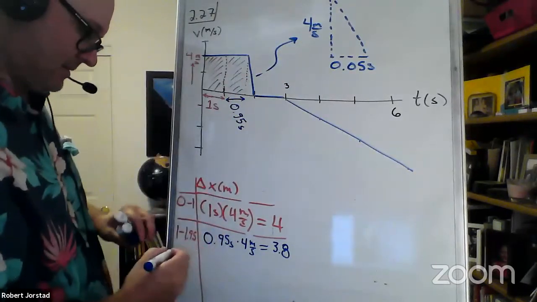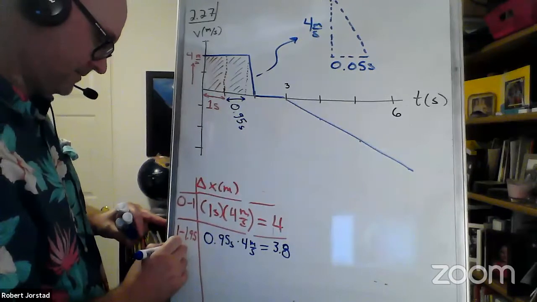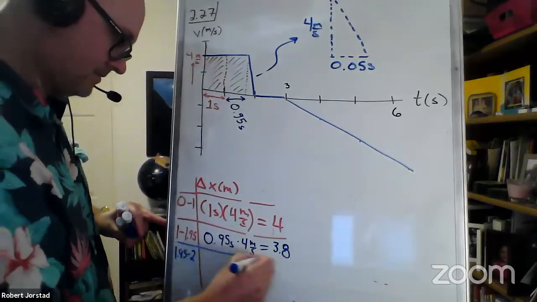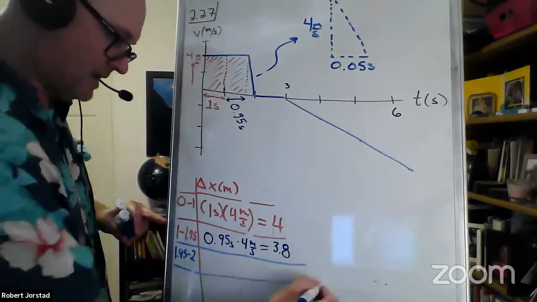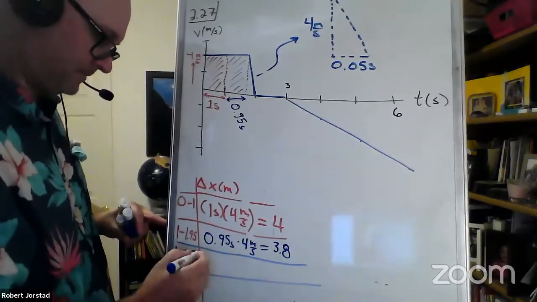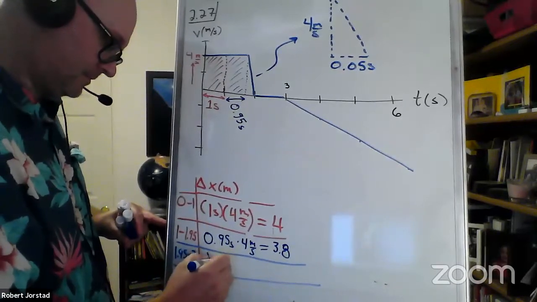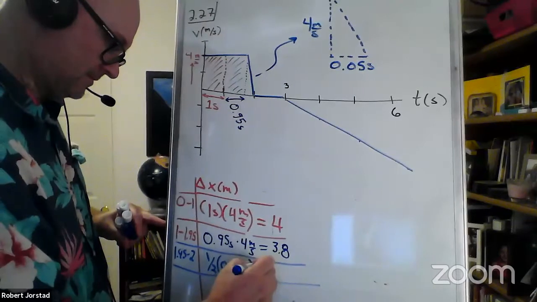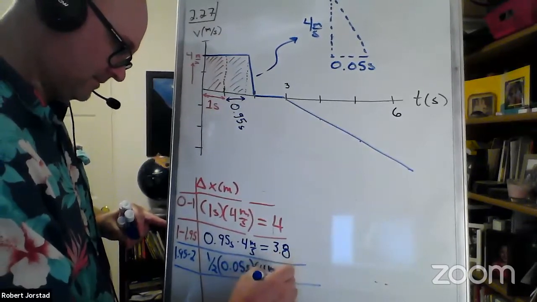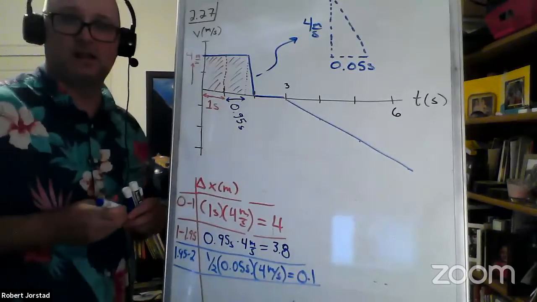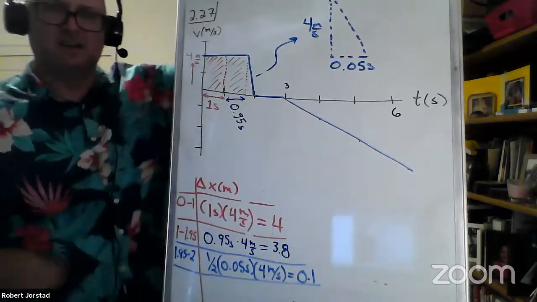You end up getting that's going to be 0.1. Well, let's write it. meters. So far, so good on these.